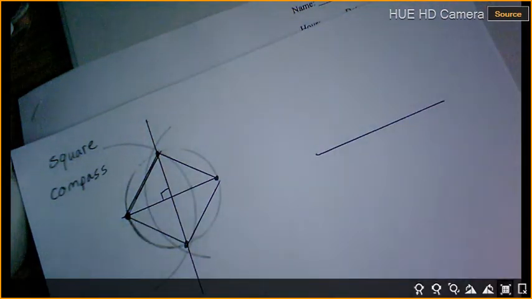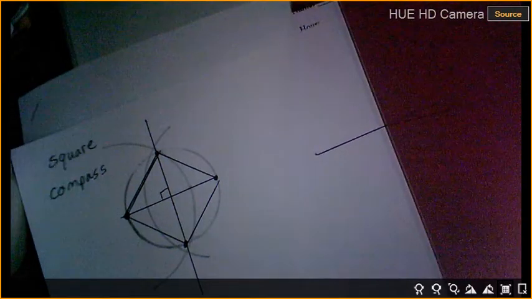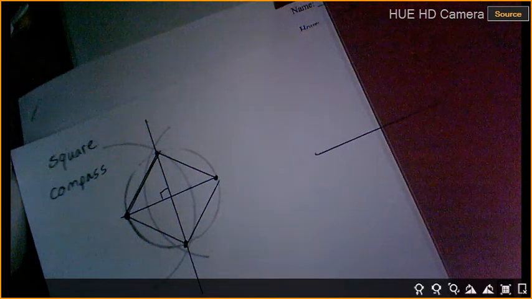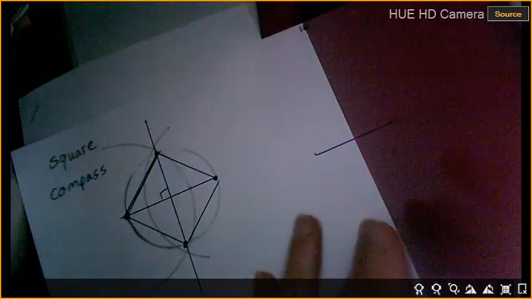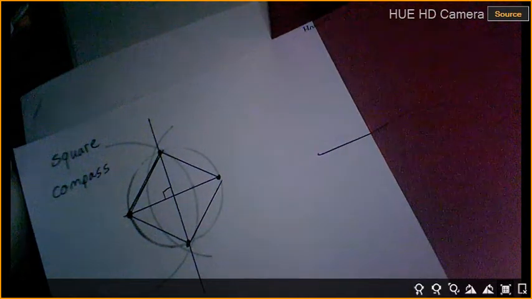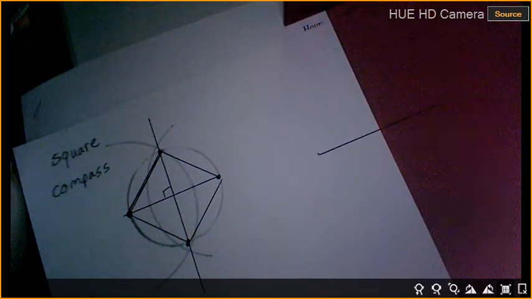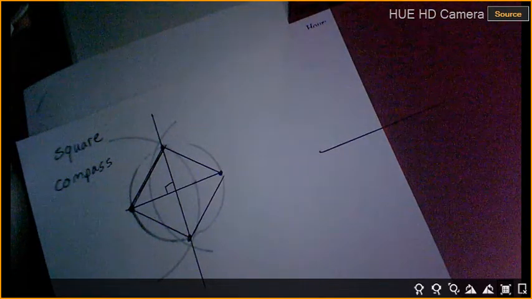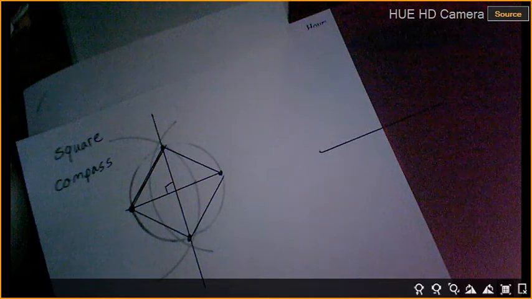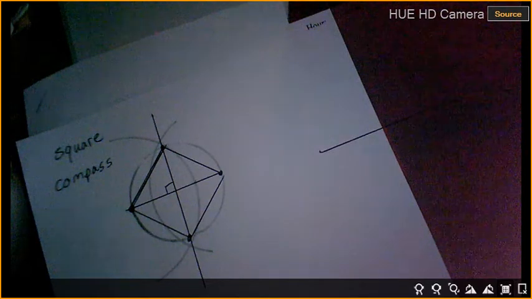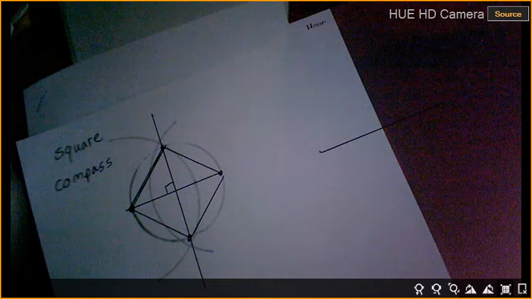We know with a mirror what we do is we put it on our line so it divides it in half. Make sure that whatever hand you draw with, the beveled edge, the indent, is on that correct side. Then we make a line that goes straight up and down.